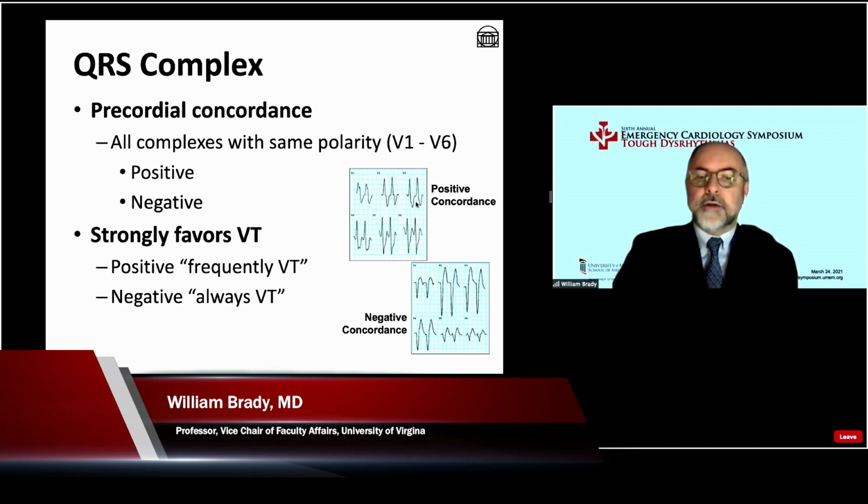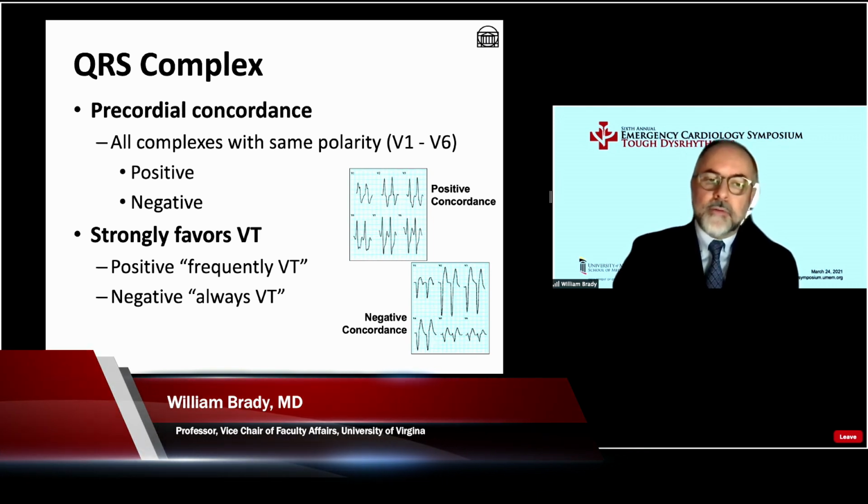So examples here. Here's positive concordance going from V1 to V6, where the QRS complexes are primarily positive across the precordial leads, and down below, negative concordance, where they're in fact entirely negative from V1 to V6.